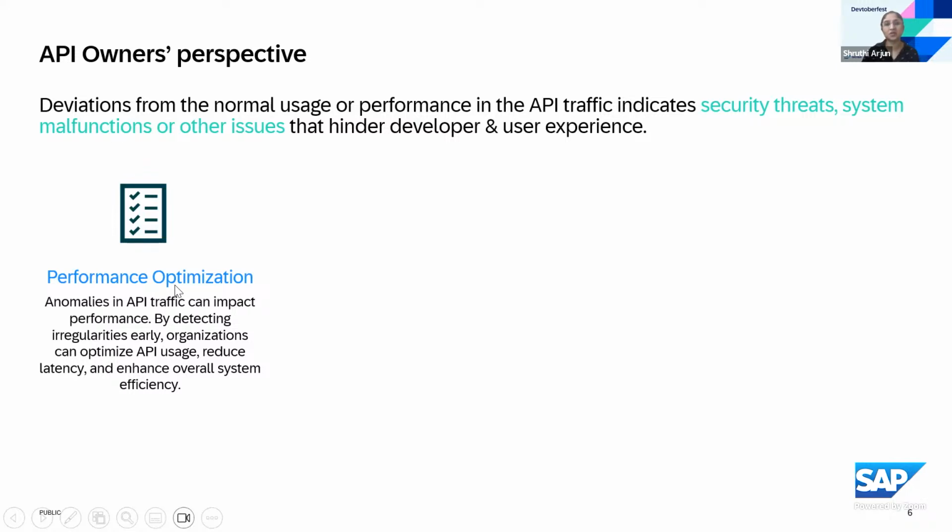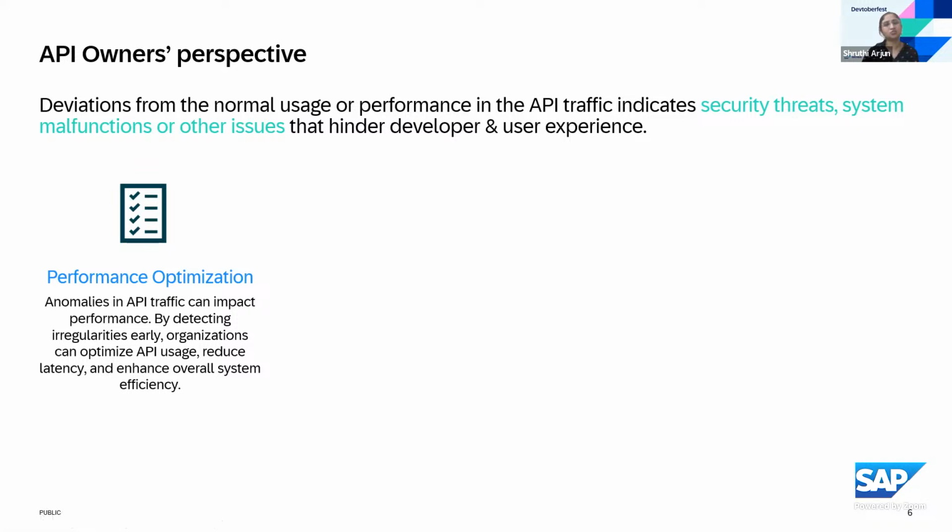They would like to offer optimized performance for the APIs that they are responsible for. If there are anomalies in such API traffic, it impacts the performance. If this is detected early enough, that could result in improving the performance and reducing the latencies.